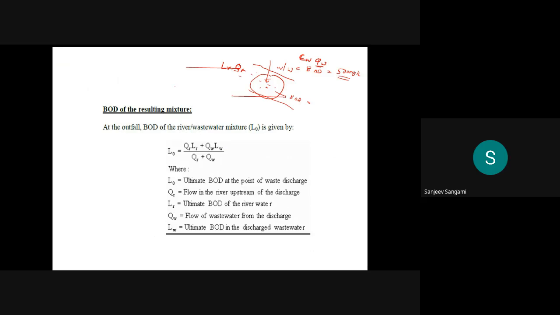If you want to find the mixture, that is L outfall here, we have to use this formula. So QR stands for the quantity of flow of the river, then the BOD of the river, then the flow of the wastewater and the BOD of the wastewater, divided by the combined flow of river as well as wastewater.